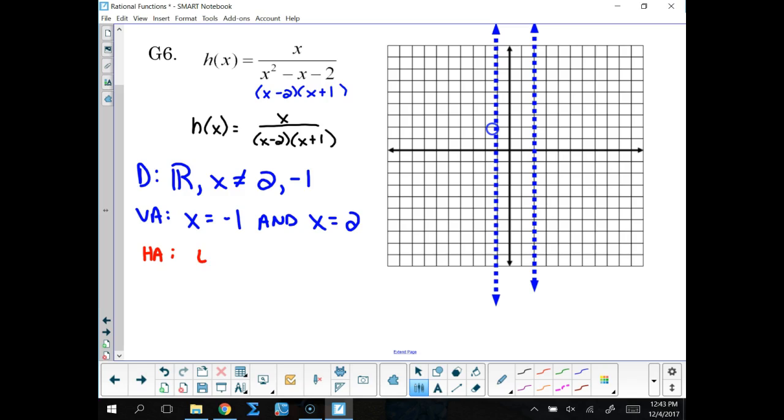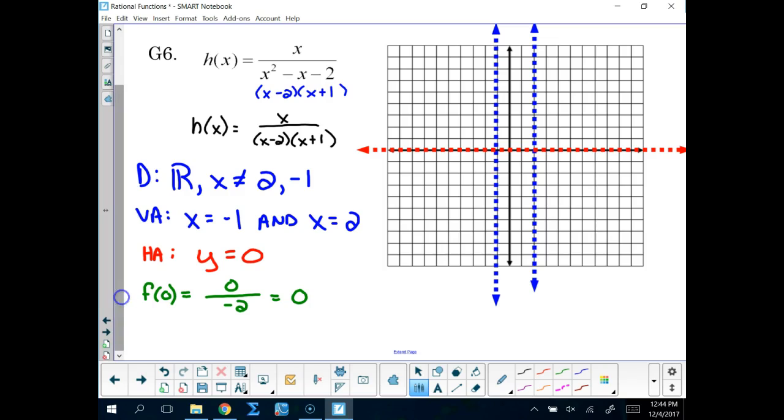Set x equals 0. F of 0: top, 0. Bottom, negative 2. 0 divided by negative 2 is 0.